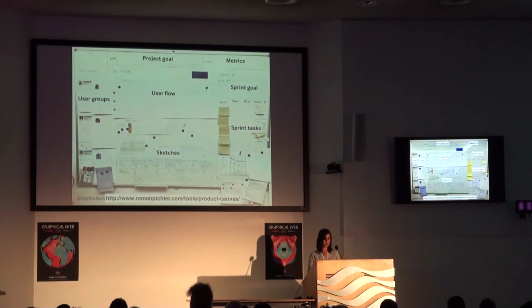We have the user groups on the side, so we're always coming back to the people we met in the user interviews. So when we are having our daily stand-ups in front of this board, we might be saying, Reggie, who we met in the interview, wouldn't do that, so we might need to tweak this task in here. Then in the middle, we have the big picture, the user journey, sketches, and then the development tasks on the side.